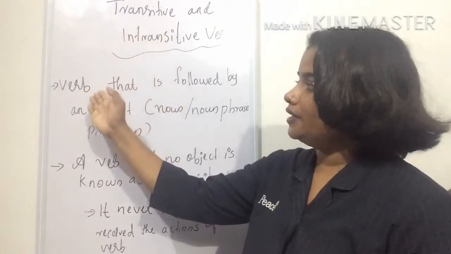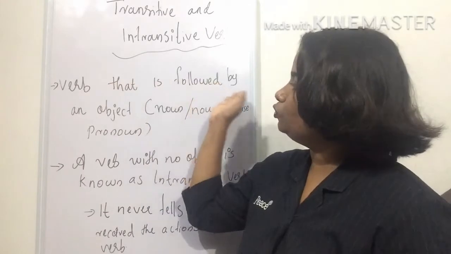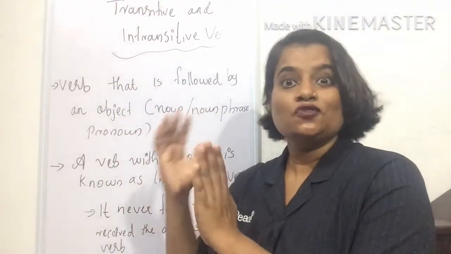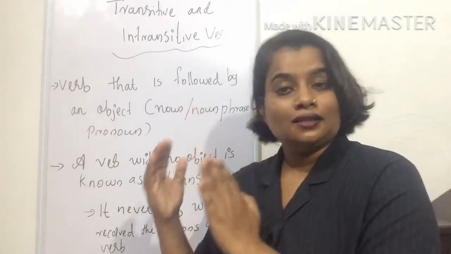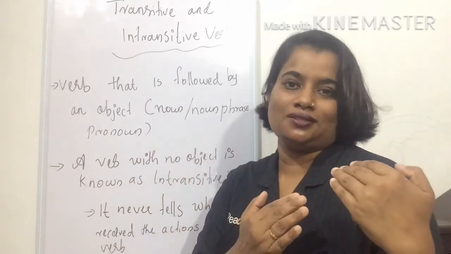The first one is the transitive verb. A transitive verb is a verb that is followed by an object, which means in the sentence it has a direct object.